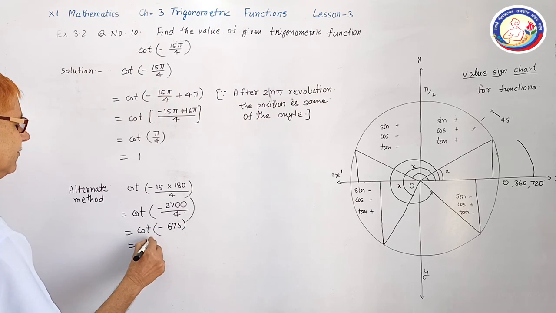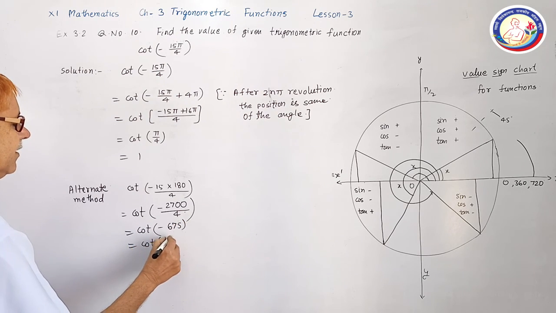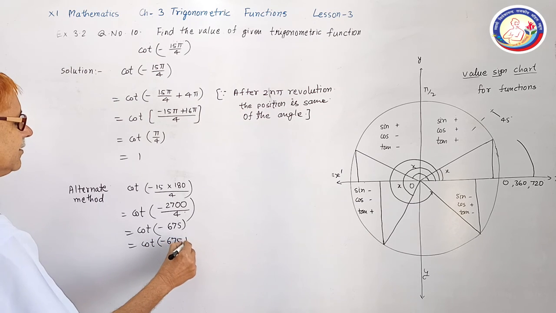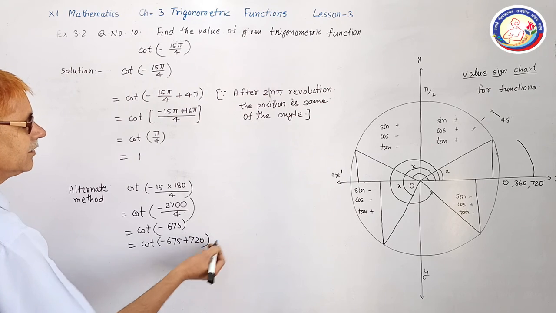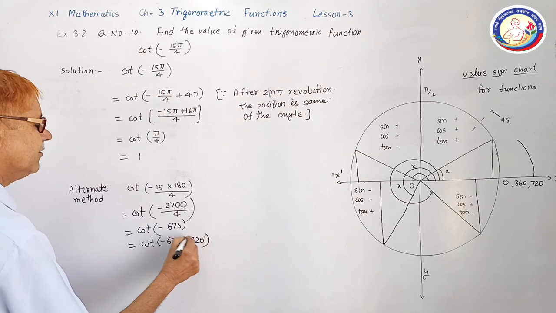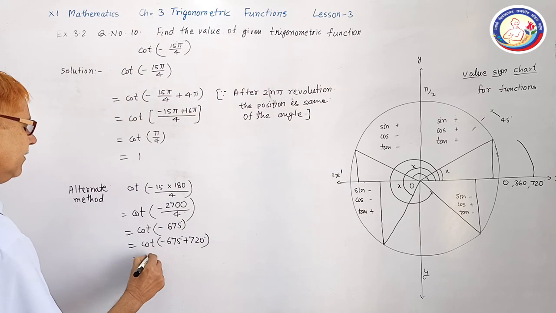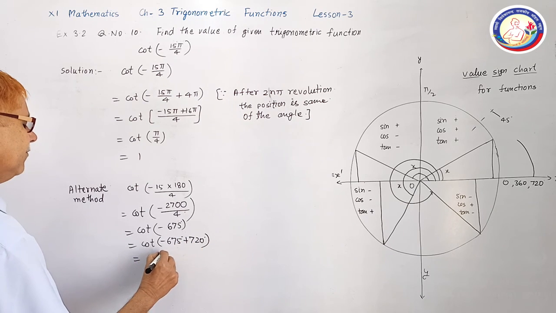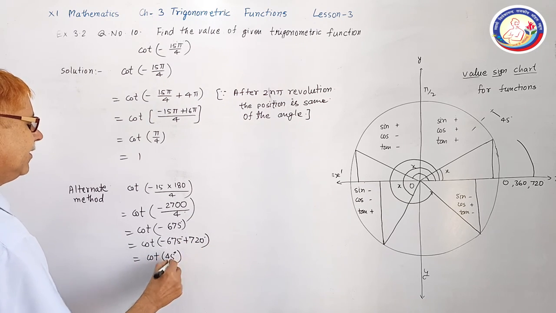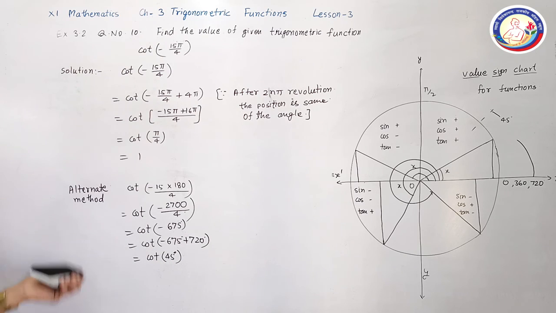Change it into positive. Cot of minus 675 plus 720, that is 2 revolutions in positive direction. It will be cot of 45 degrees, and it will lie in first quadrant.